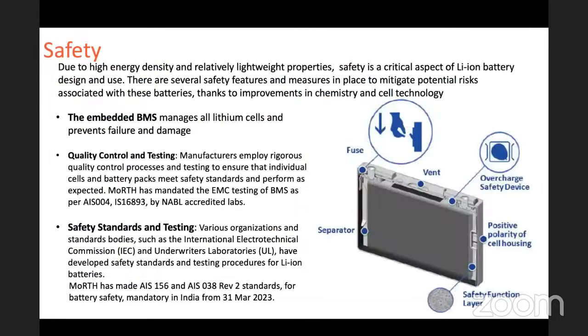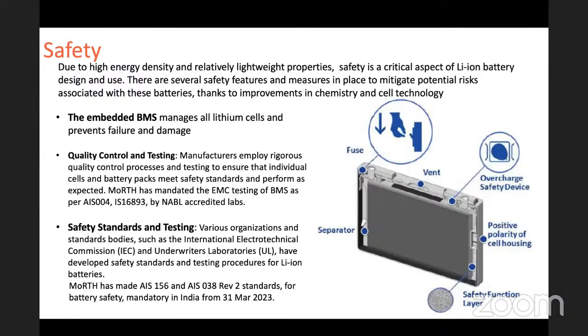One of the major factors of lithium-ion batteries is safety. We have heard a lot of batteries bursting or catching fire because of battery thermal runaway. In the last 4, 5, 6 years, we have heard about a lot of such incidents, and still there is a kind of fear among users that lithium-ion batteries are not safe. Anytime it can explode.